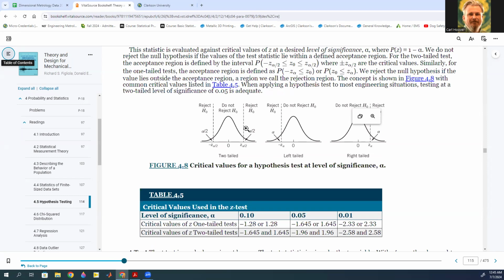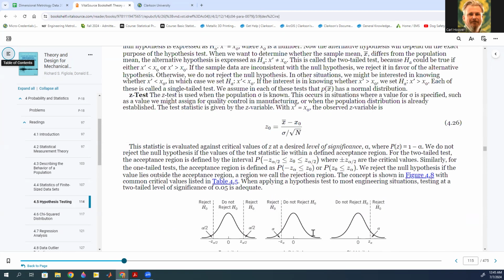In this case, we'll use 5%, and so 95% probability within the not rejection range. And that means our critical thresholds are plus or minus 1.96 for Z.